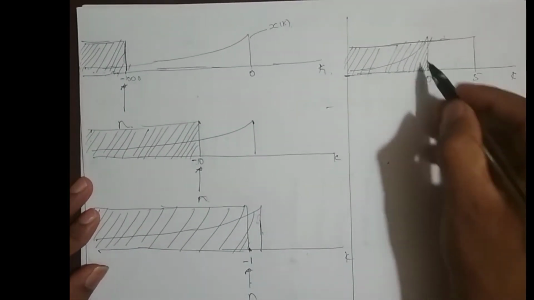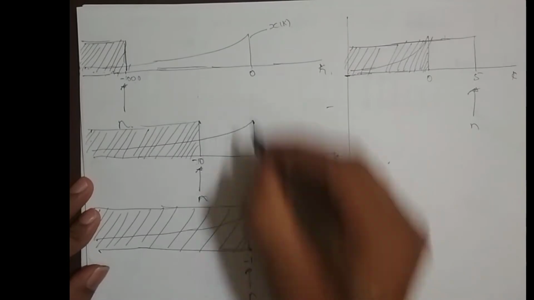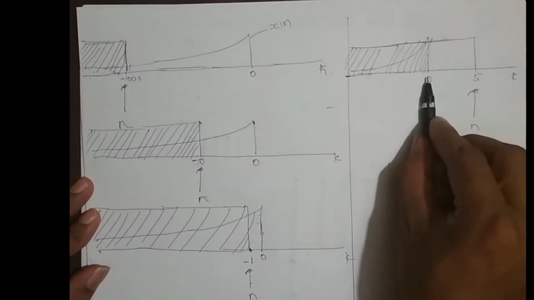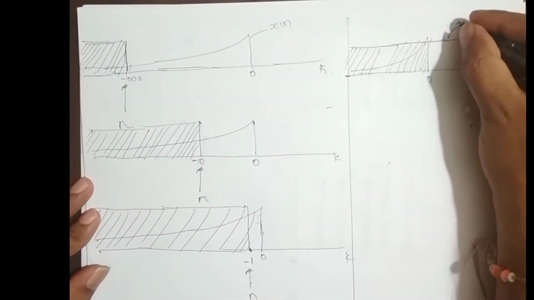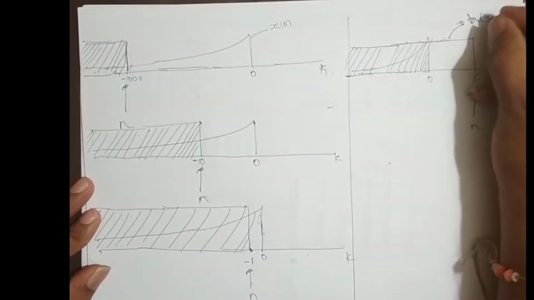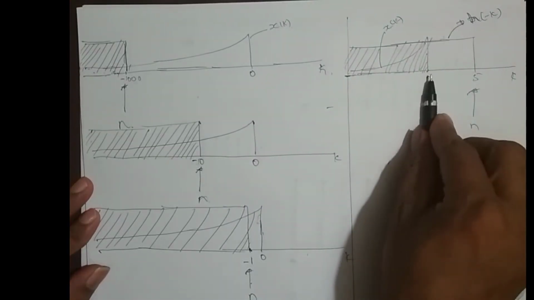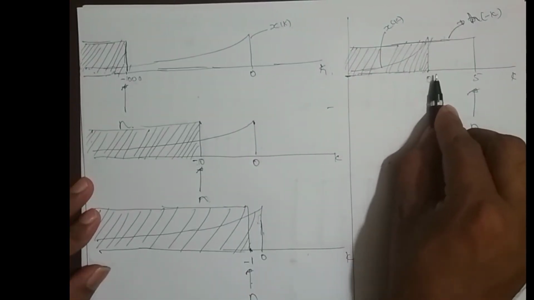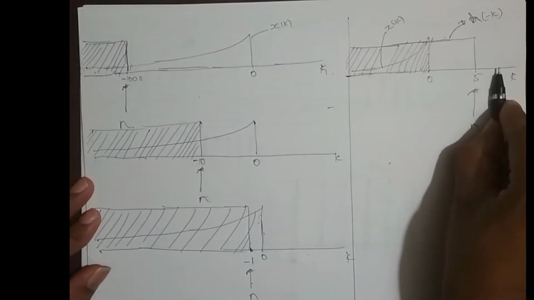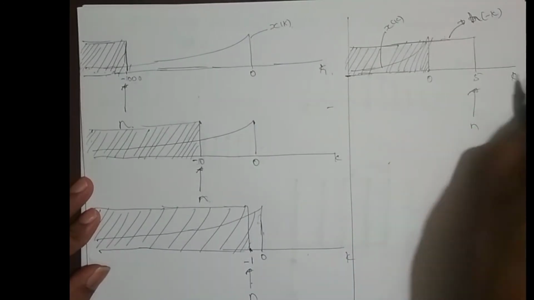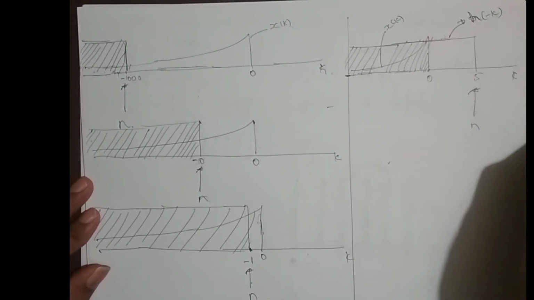This is x of k. After 0, when I move this h of minus k to the right anywhere I want, the overlap portion remains the same, from minus infinity to 0. Even if I put this slider till infinity, the overlap region remains from minus infinity to 0.